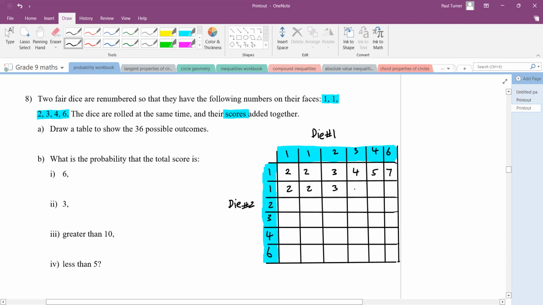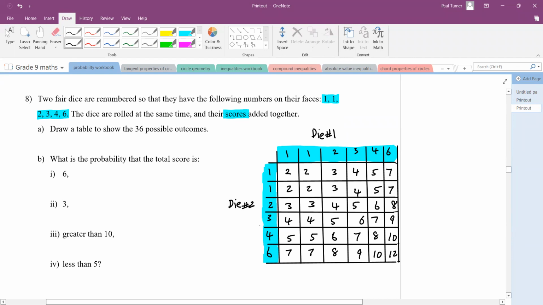And for the next rows: 3 plus 1 is 4, 3 plus 2 is 5, 3 plus 3 is 6, 3 plus 4 is 7, 3 plus 6 is 9, 4 plus 1 is 5, 4 plus 2 is 6, 4 plus 3 is 7, 4 plus 4 is 8, 4 plus 6 is 10, 6 plus 1 is 7, 6 plus 2 is 8, 6 plus 3 is 9, 6 plus 4 is 10, 6 plus 6 is 12. So this is your table being created.